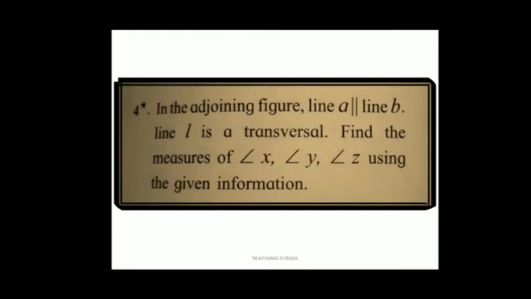Now the next question is: in the adjoining figure, line A parallel to line B and line L is a transversal. Find the measures of angle X, angle Y and angle Z using the given information.